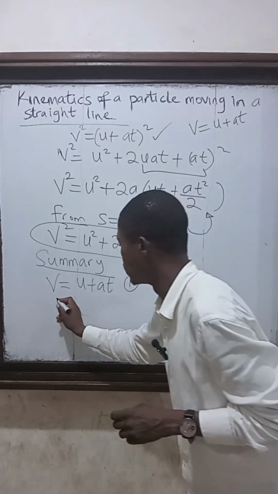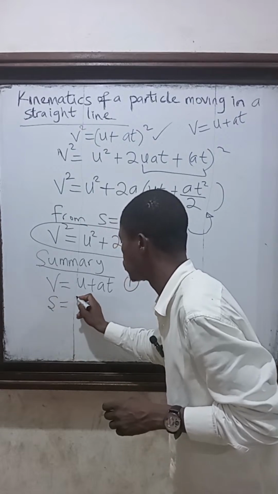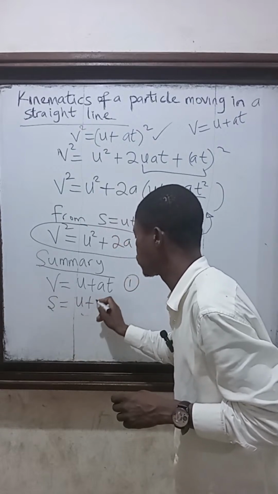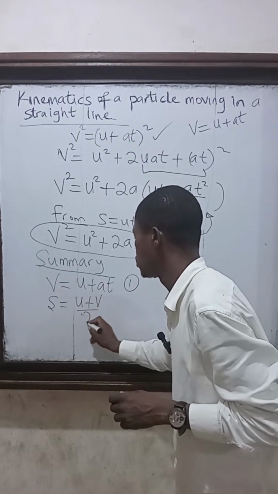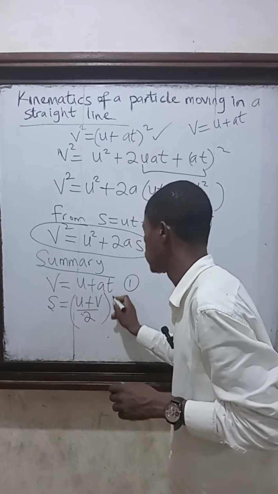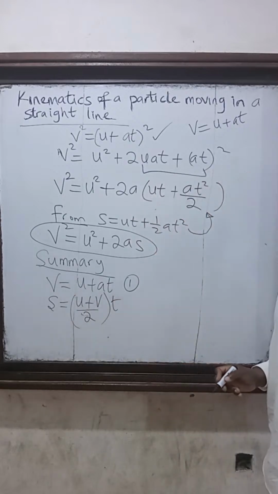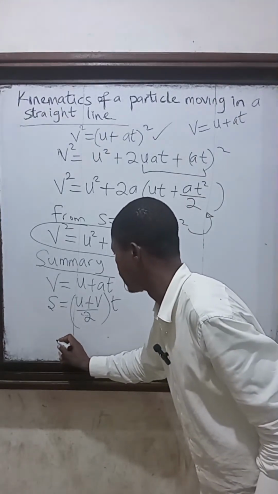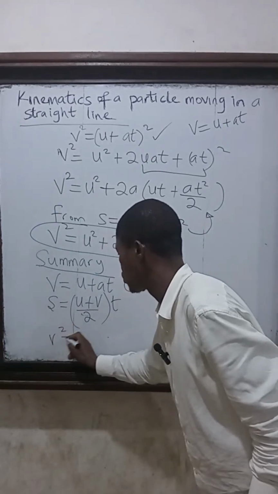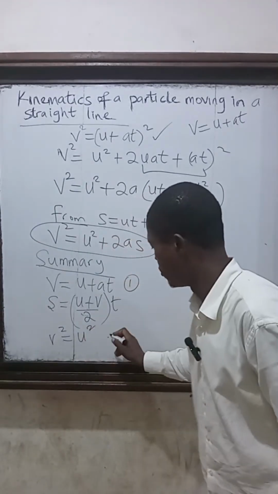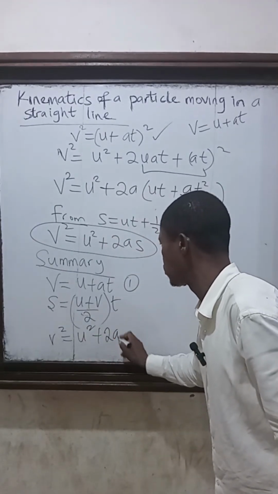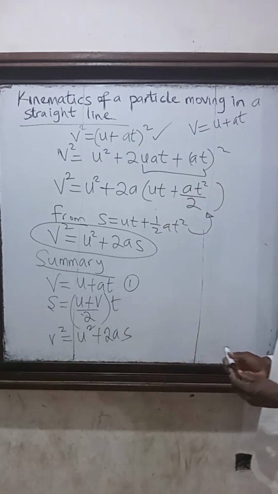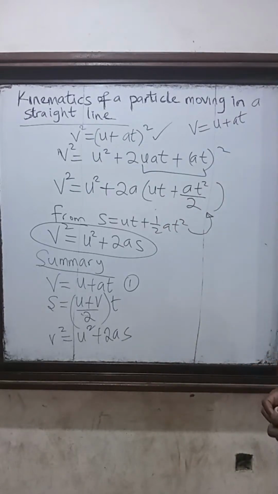We were also able to generate another equation, and we're also able to generate v squared equal to u squared plus 2ax. So these are the equations we have.